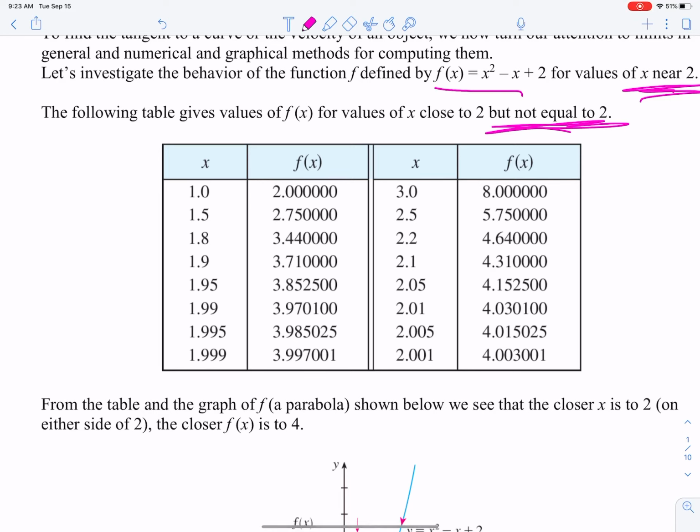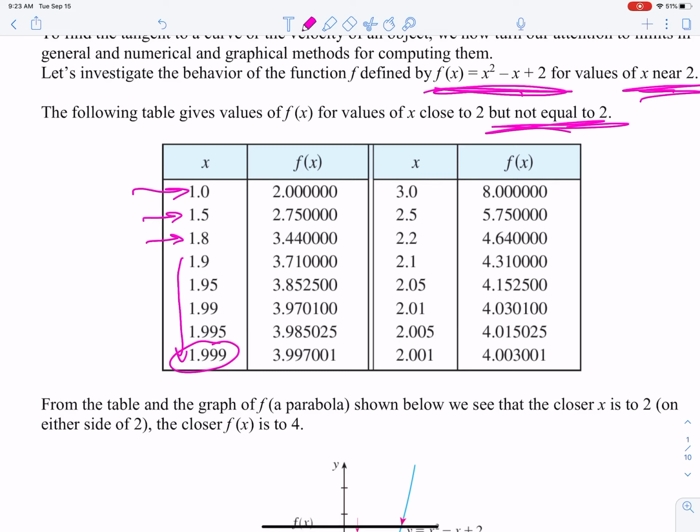All right, so look at this table here and we can visualize what's happening. This is the function again that we're working with, x squared minus x plus 2. So if we plug in a 1, we get a 2. If we plug in a 1.5, we get 1.8, etc. What you notice about these x values is they are getting closer and closer to x equals 2, but we're not going to be equal to x equals 2.